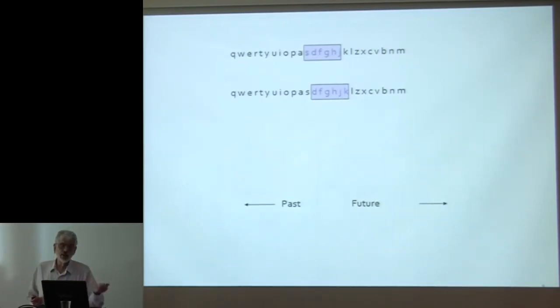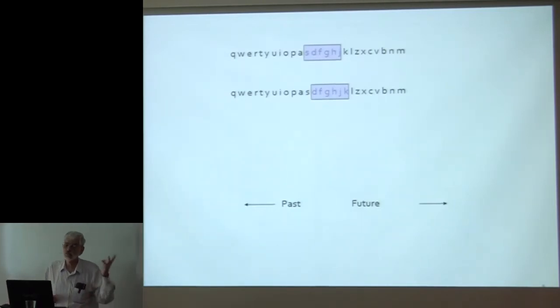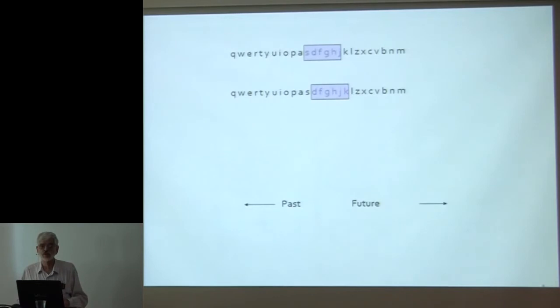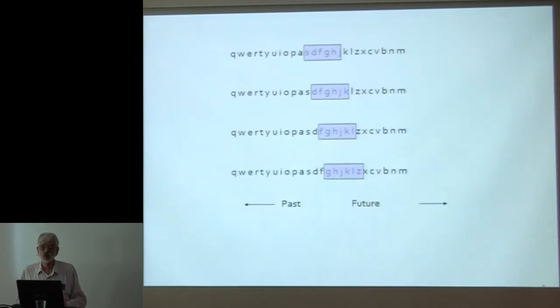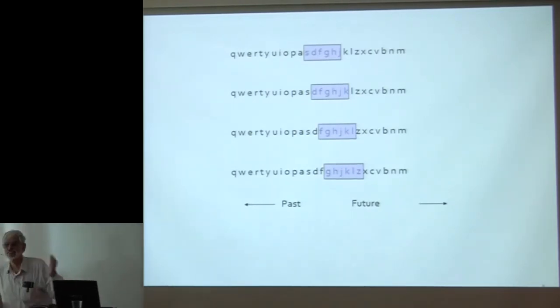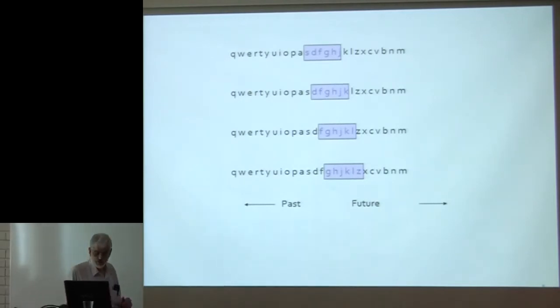The last element S falls out of the window and is no longer part of the window, so you can see what the window now contains: D, F, G, H, J, K. Then the next element L comes in, D falls out, and so on. Okay. So at any time, the window consists of the last 6 characters that I've seen.